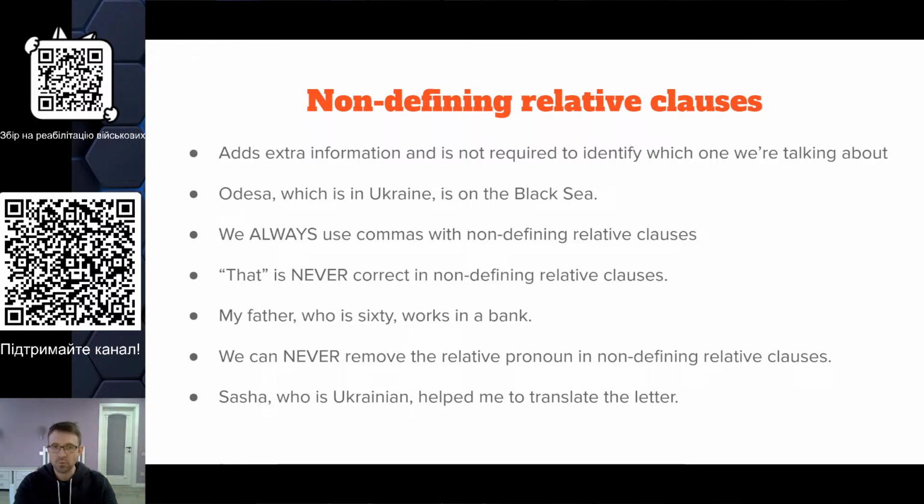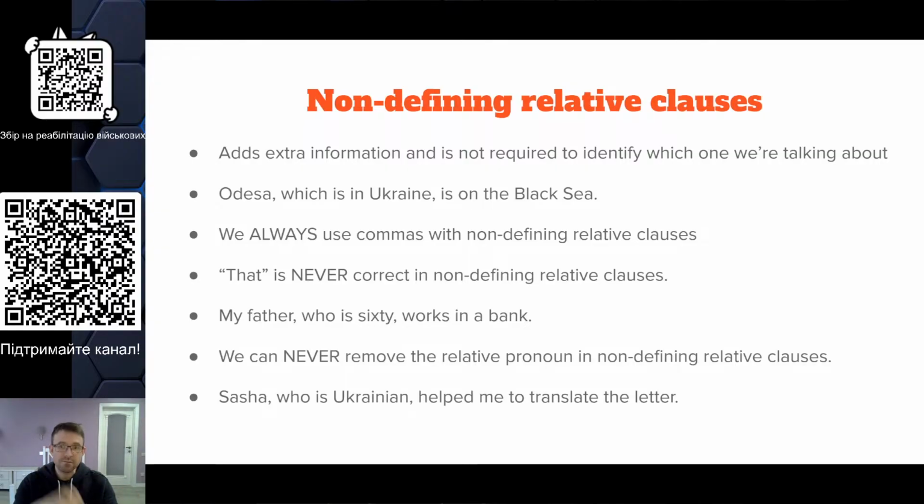We know which one we are talking about, even if we remove the relative clause from the sentence. So, with the example that I've given, Odessa, which is in Ukraine, is on the Black Sea. Here, the relative clause is "which is in Ukraine."